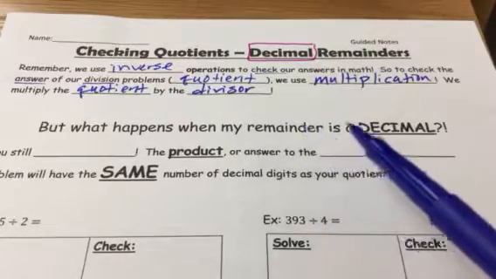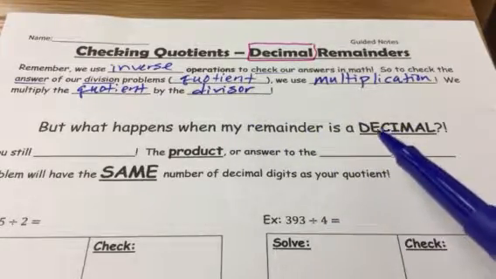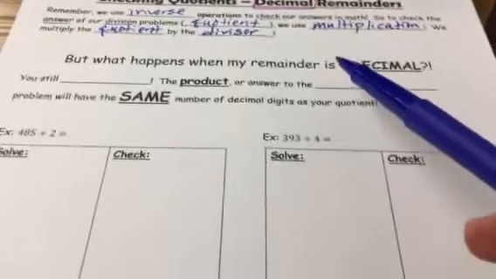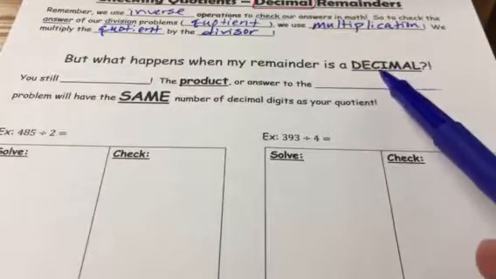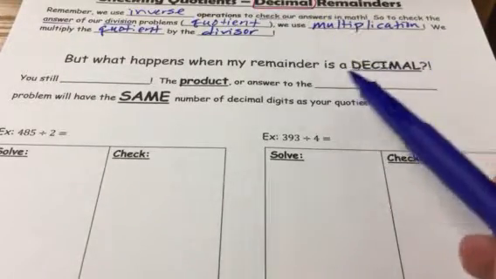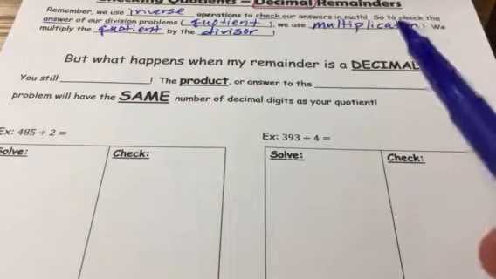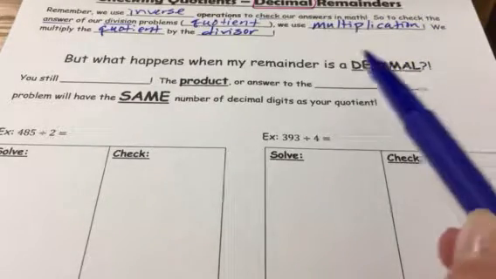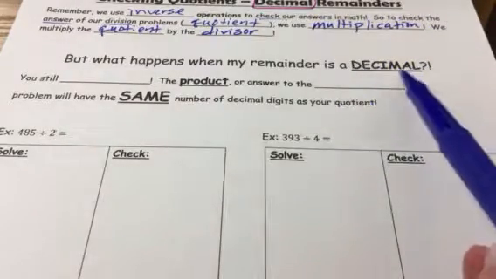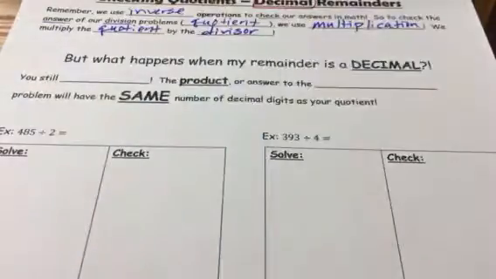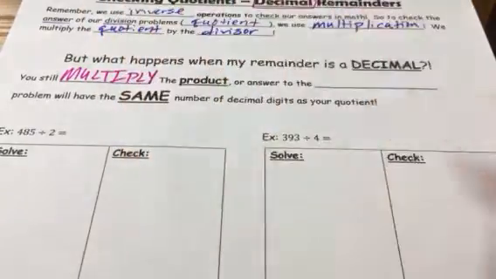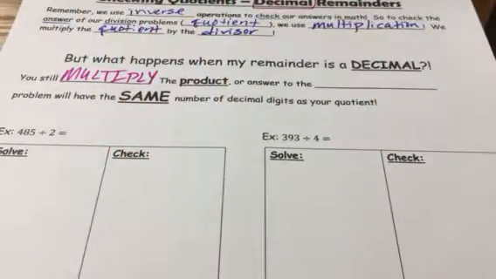So what happens when my remainder is a decimal? You do not add your remainder the way that we have in the past. What you do is you are just going to multiply the whole quotient, including the decimal, by the divisor. So you still multiply.